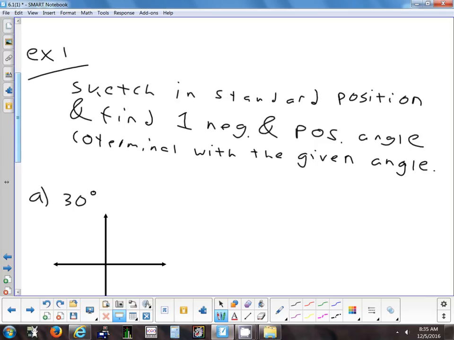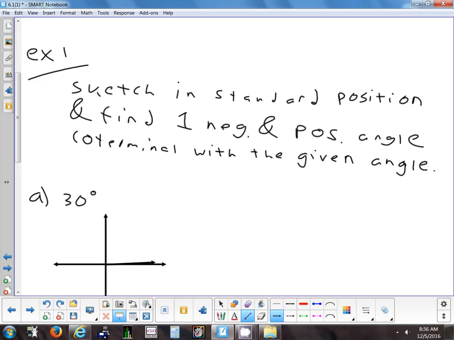So a 30-degree angle. We already know where we're going to put the initial side. But where would the terminal side be for 30 degrees? Just roughly. Let's start by narrowing it down to a quadrant. Quadrant 1, 2, 3, or 4. Yep, Trevor? Yep, it's in quadrant 1. Should it be about halfway, more than halfway, less than halfway? Yeah, it's a little bit less than halfway.